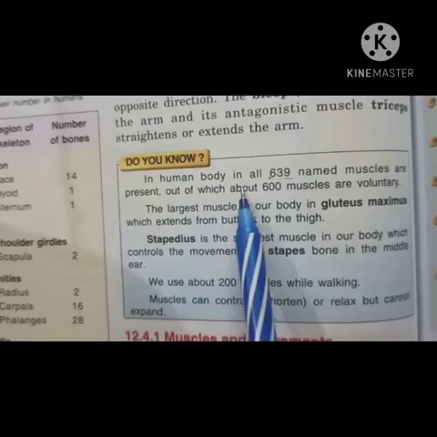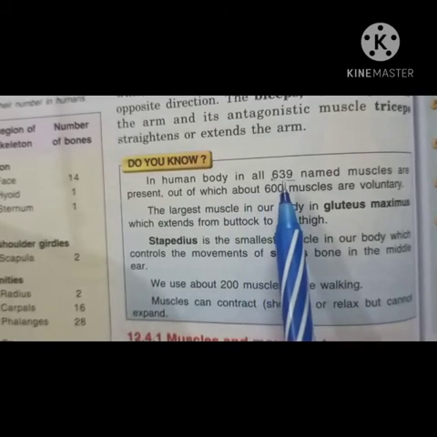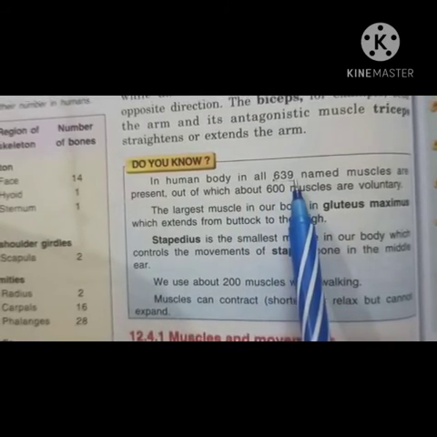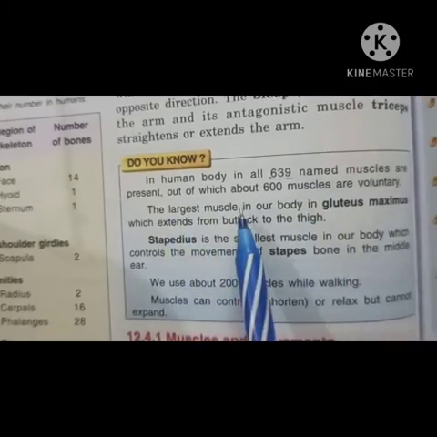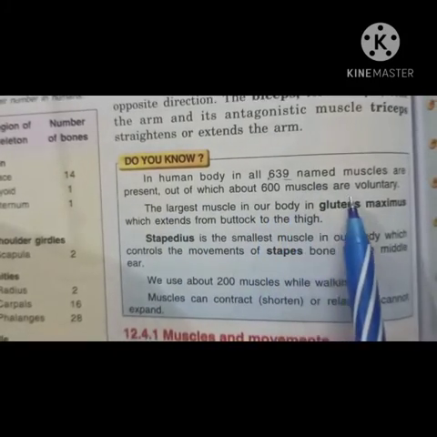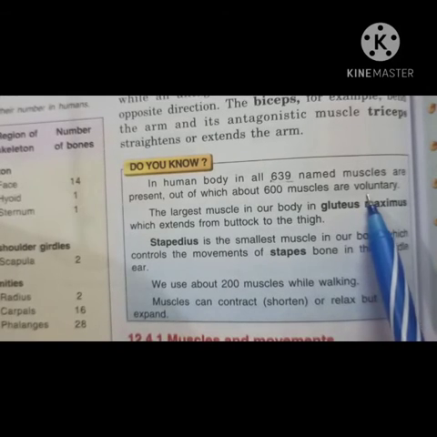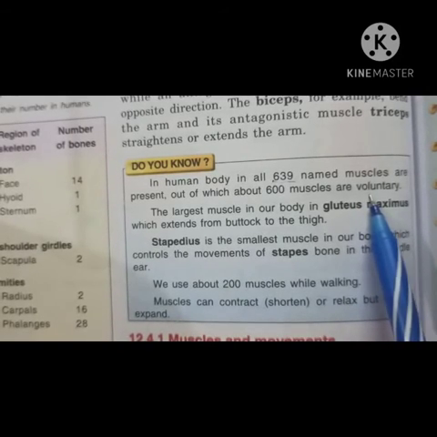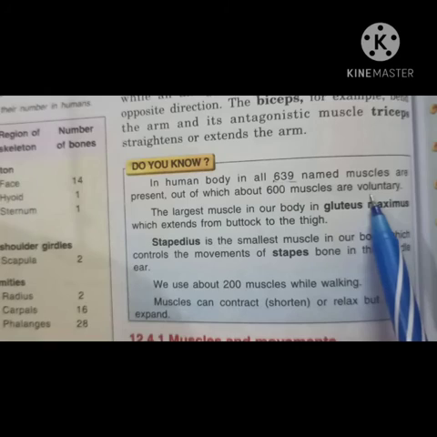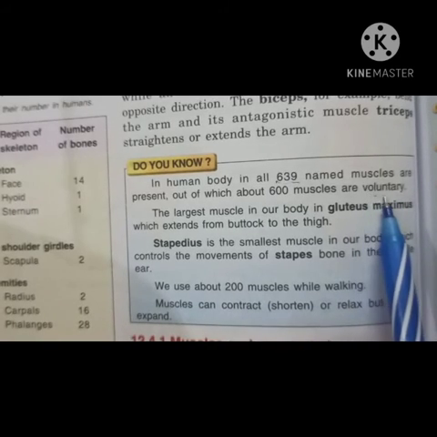Now in the human body, how many muscles are present in total? 639 named muscles are present, out of which about 600 muscles are voluntary. Actually there are two types of muscles, voluntary muscles and involuntary muscles. Voluntary means which are under our control.